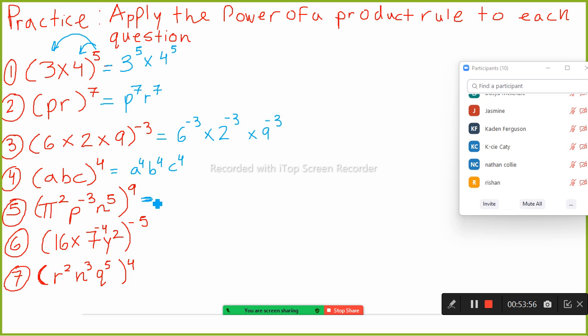Okay, so I'm not hearing from Jasmine. Kaden, can you help me with number 5? All right, not hearing from Kaden. Casey, can you help me with number 5?